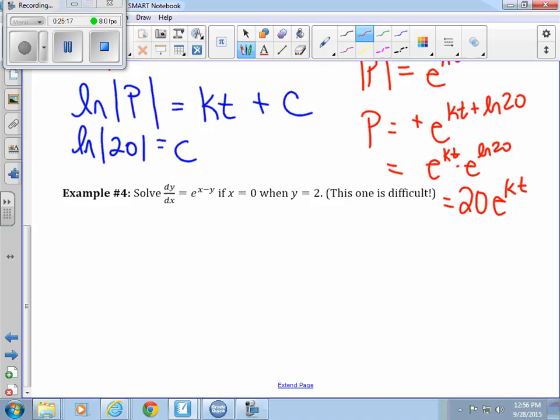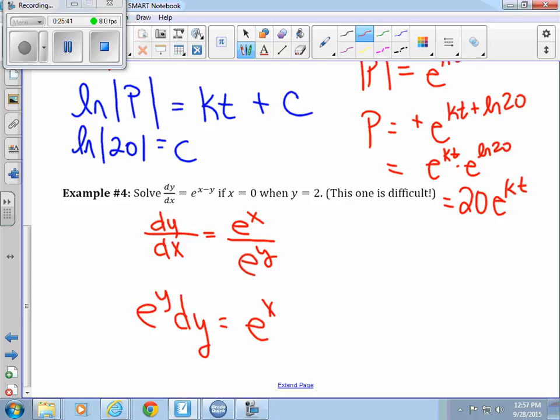So if I am supposed to do this, then there is some way to get the x and y apart. I can rewrite this as e to the x divided by e to the y, which actually turns out to be a pretty easy equation, doesn't it? So e to the y dy equals e to the x dx.